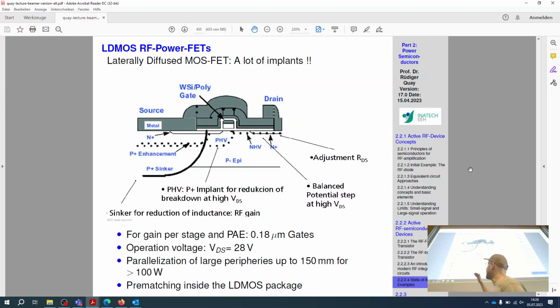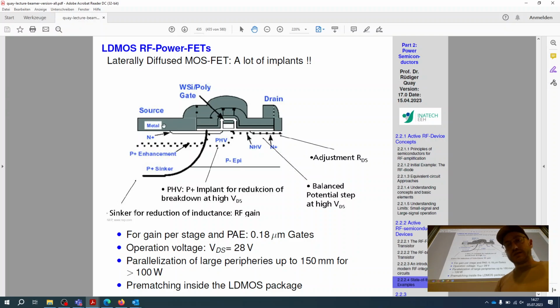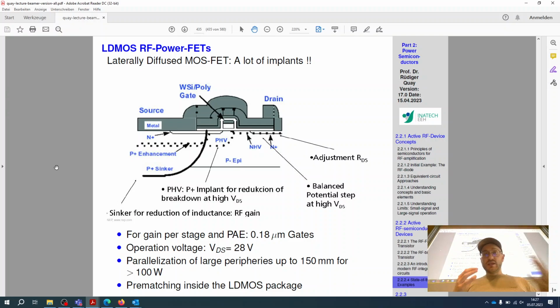In order to be able to handle that, in order to realize these high output powers, you need a device which is capable of controlling the electric field. And in order to control the electric field, these devices are doped. So a certain amount of polarized doping occurs, homogeneous doping across the structure, an extra amount of doping, so that the channel is able to handle the electric field.